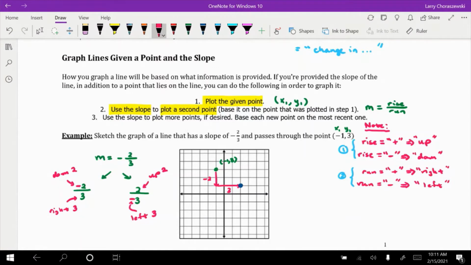If we use this version of slope, then from -1, 3, we'd have to go up by 2 units, and then to the left by 3. And there's actually no harm in doing that. You do get, in this case, a third point, but if you were to use this version instead of the first version, you get a second point. But regardless, as soon as you have 2 or more points, you're in a position to connect the points with the rest of your line, which I'll go ahead and do.